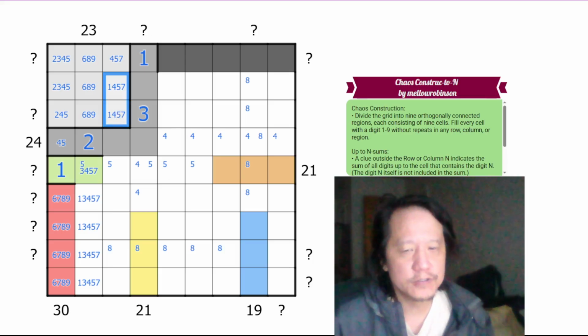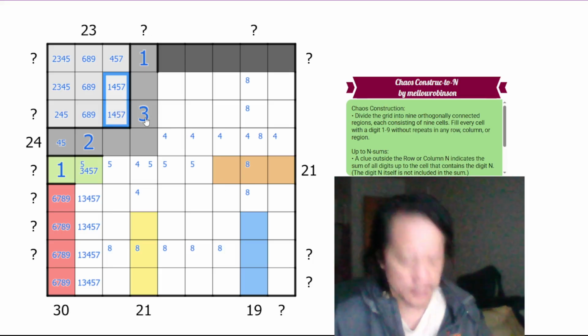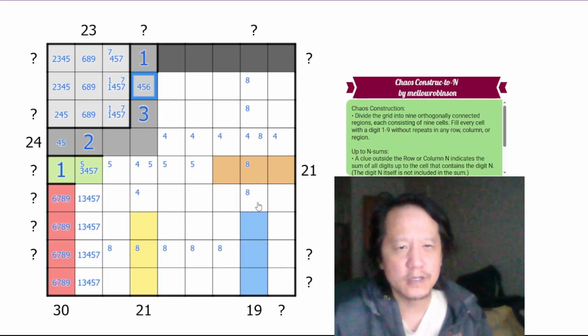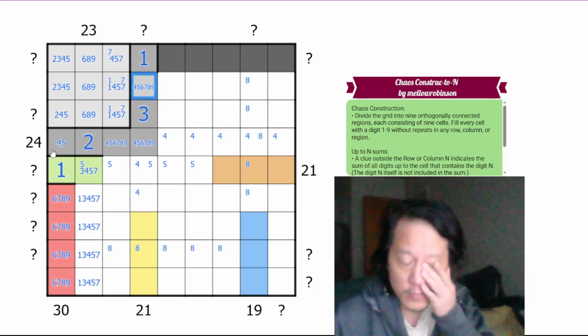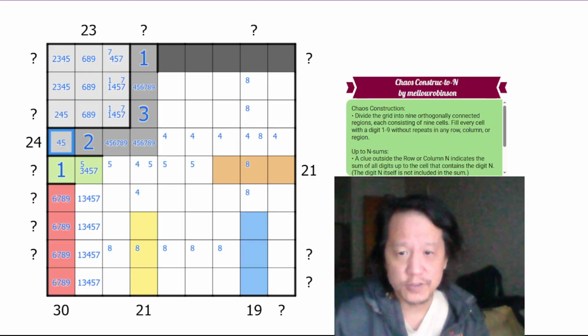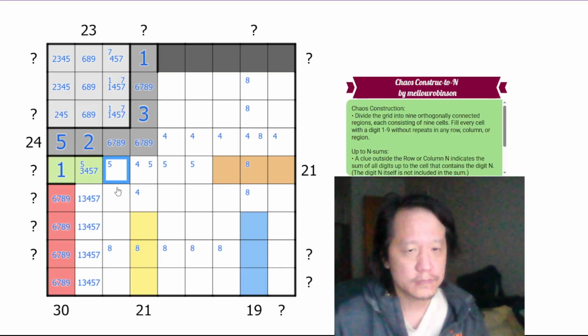So we know this is 1, and we also know there's a 7 there. Remaining digits in... oh, this can't be 4. Because 4, it has to be until 4. So this is 5. No 4 or 5 here. This can't be 5. This can't be 4.